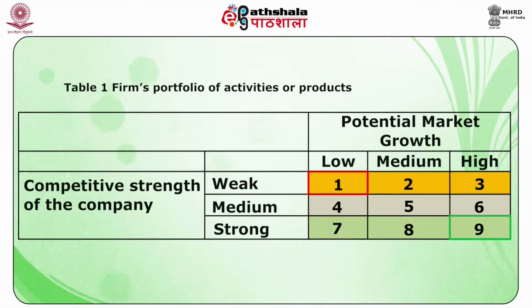Products in box 9 make greater net profit contribution per unit sold as compared to the products in box 1. Activities in box 1 to 6 will make lesser contribution compared to activities in box 7 and 8.